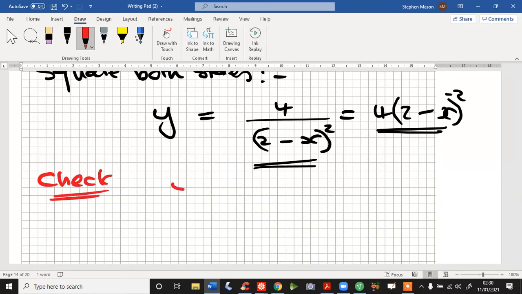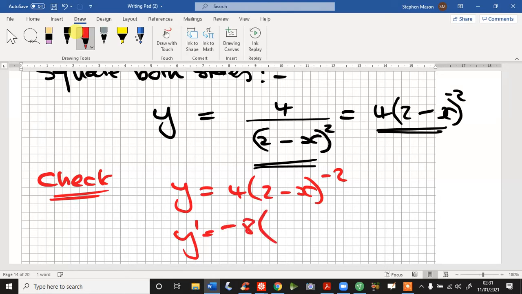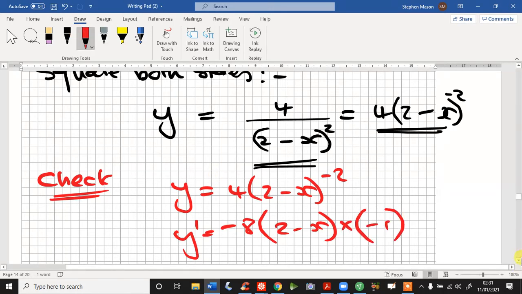We know that y is equal to 4 times 2 minus x all to the power minus 2. This means that y prime is equal to, and presumably you know how to differentiate this, you bring the minus 2 down in front of the 4, and you get minus 8 times 2 minus x, and then you differentiate the 2 minus x inside the bracket to get minus 1.